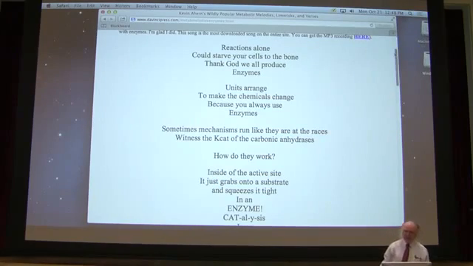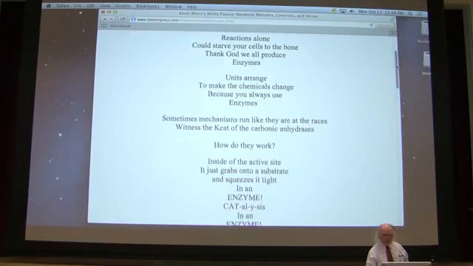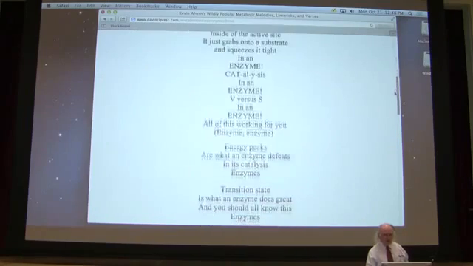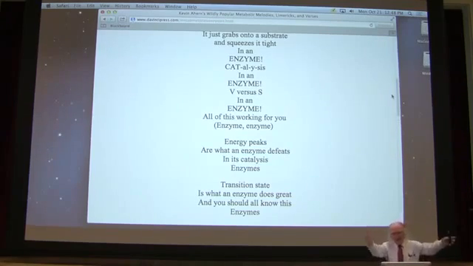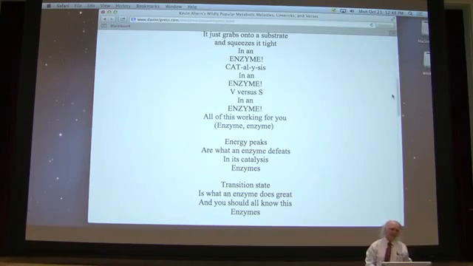Witness the kcat of the carbonic anhydrases. How do they work? Inside of the active site, it just grabs onto a substrate and squeezes it tight in an enzyme. Catalysis in an enzyme. V versus S in an enzyme. All of this working for you.